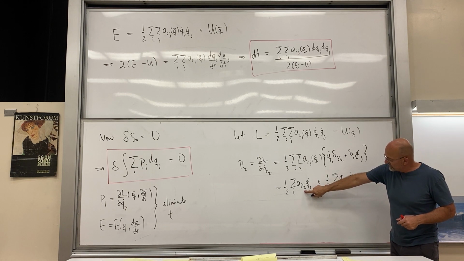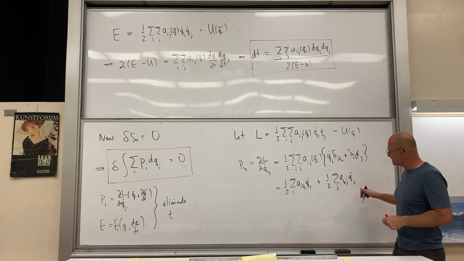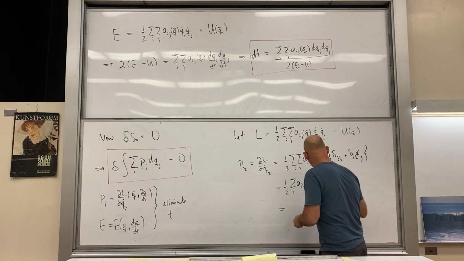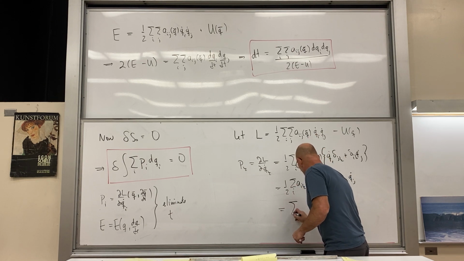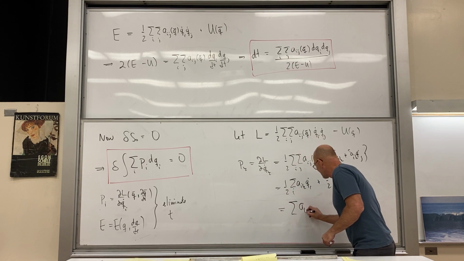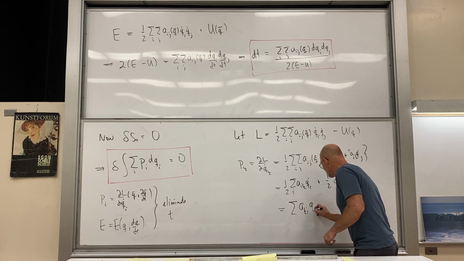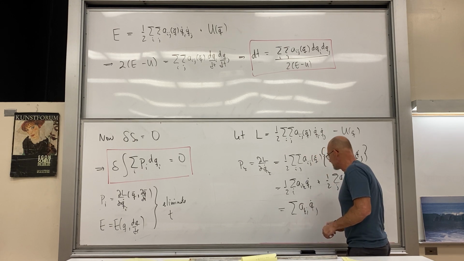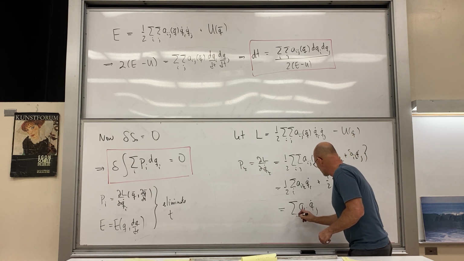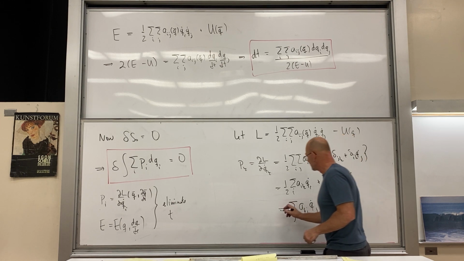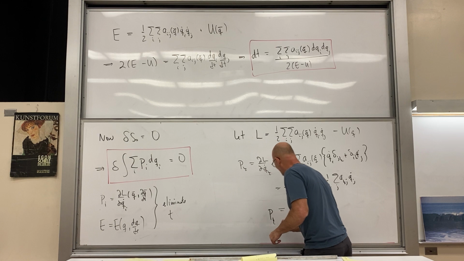Symmetry of the matrix a_ik means that you can just take one of these, get rid of the 1/2 sign, sum over a_kj q_j dot, summed over j, and this is p sub k.